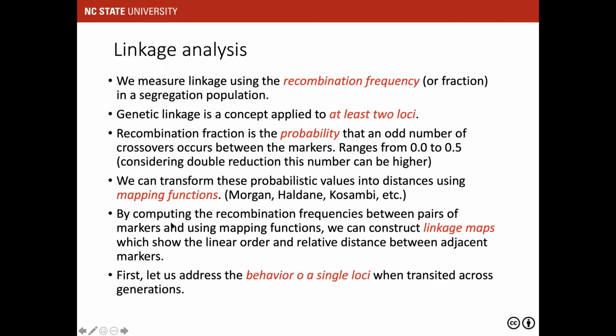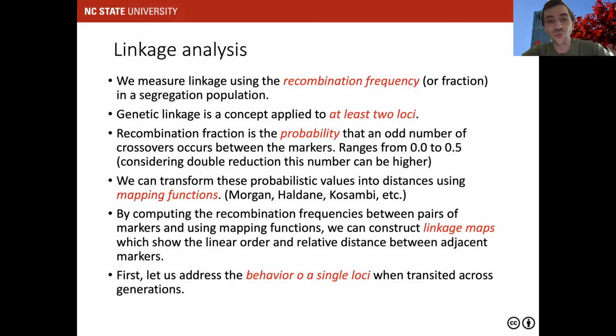Okay, since it is a probability and we are talking about distances, we need something to transform these probabilities into distances, and we call these mapping functions. There are several mapping functions. The most common ones are the Morgan mapping function, Haldane, and Kosambi, and there are others that use some properties to transform these probabilities into distances.